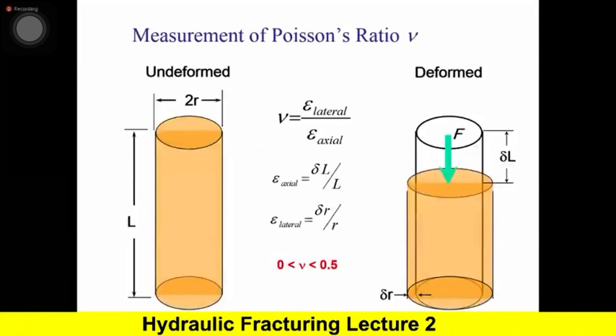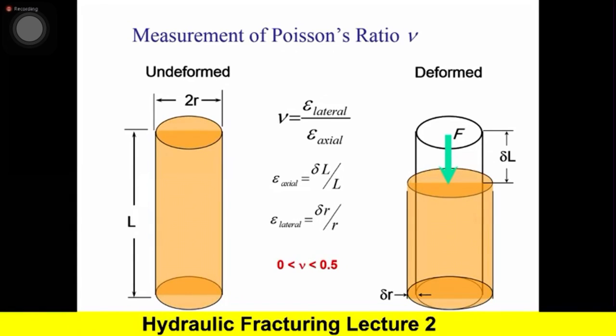Okay. Now Poisson's ratio. Let's talk about Poisson's ratio, then we'll give a table. If I repeat the experiment and apply this force, I'm not only measuring the axial strain; this rock is also getting wider.